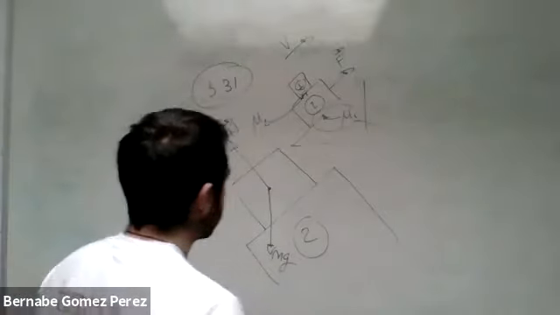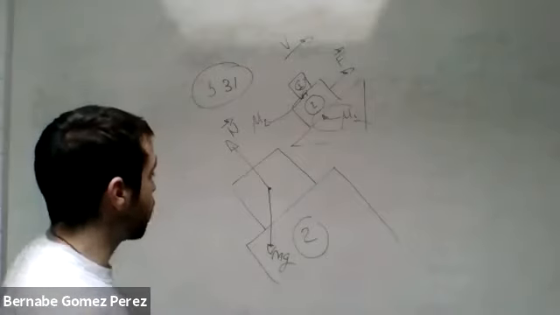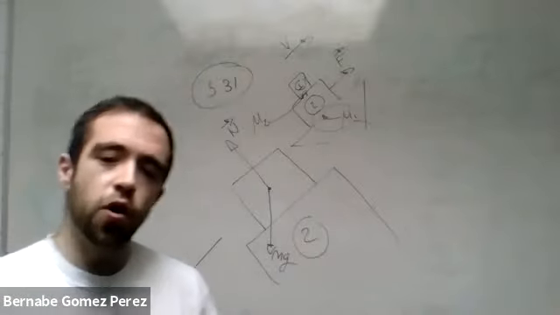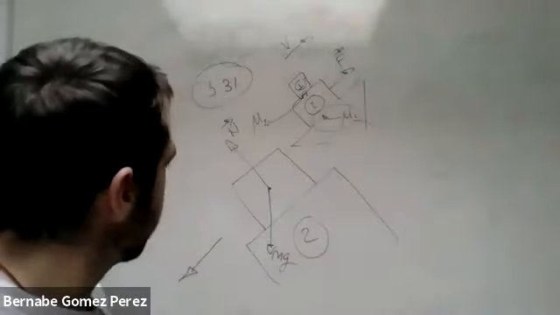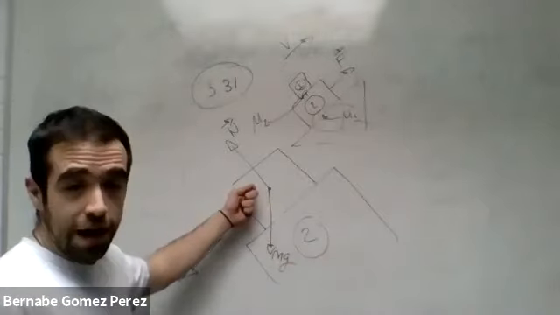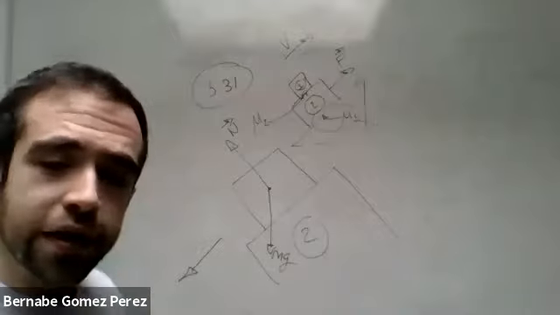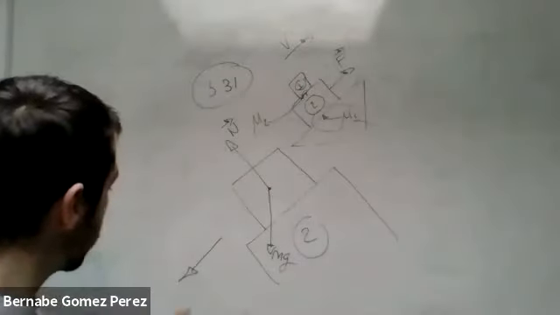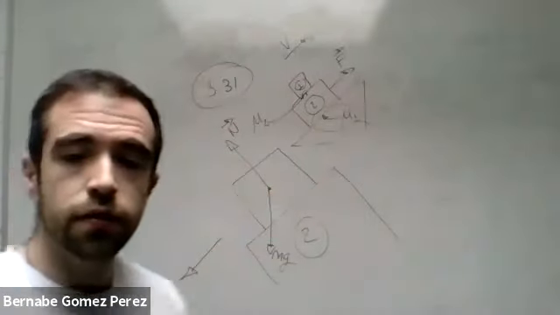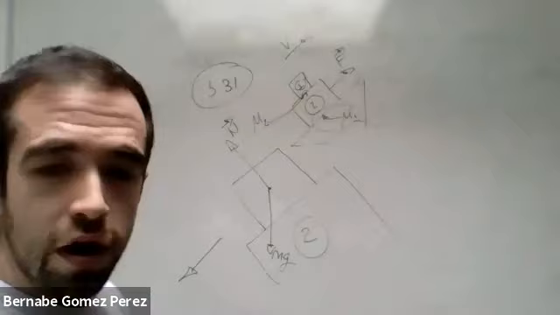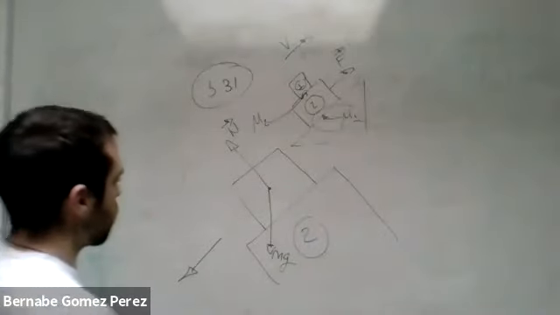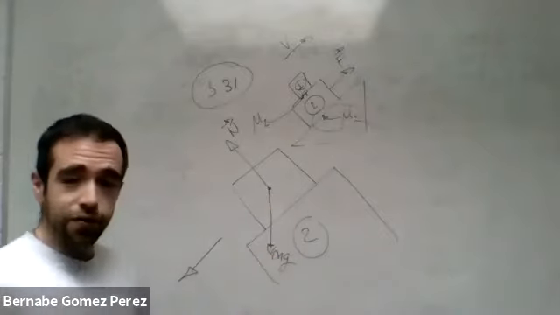Wonderful. But the whole system is going downwards. So the friction force that this box is exerting on the upper box, what direction does it have? Is it going with the movement or opposed to it? Where is this box trying to move?